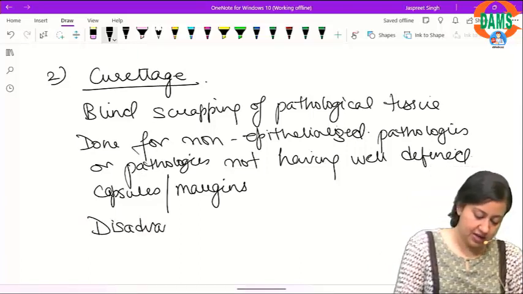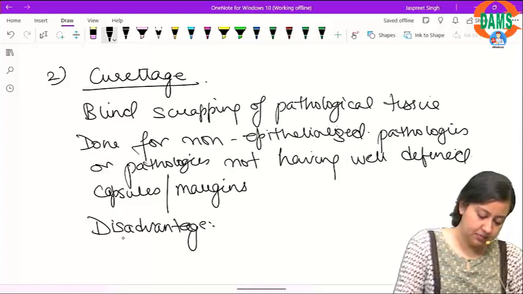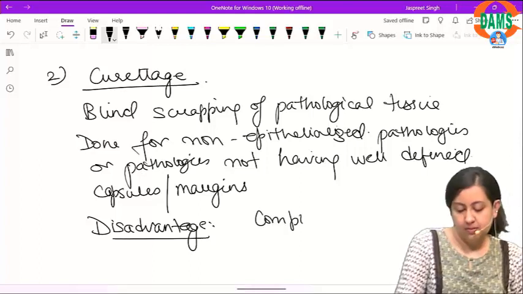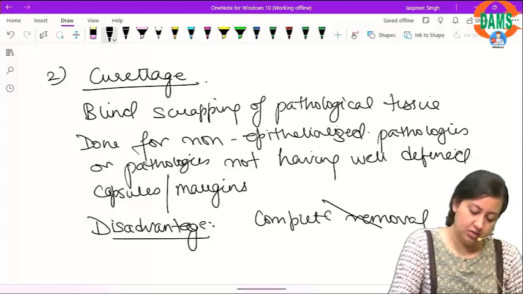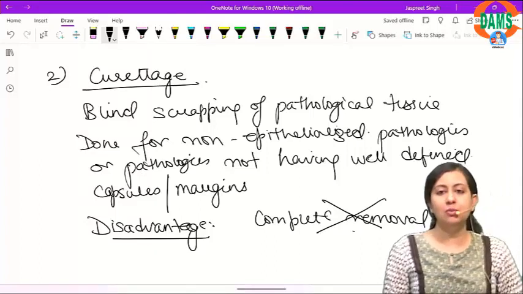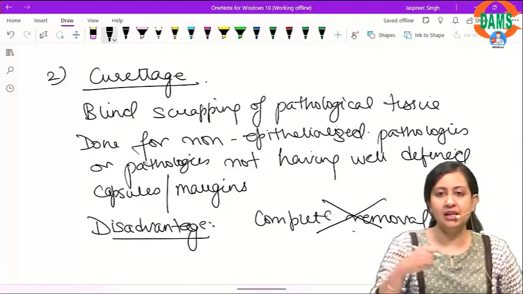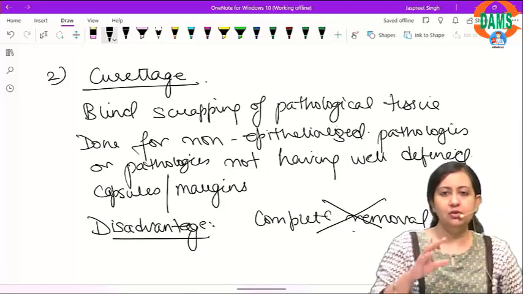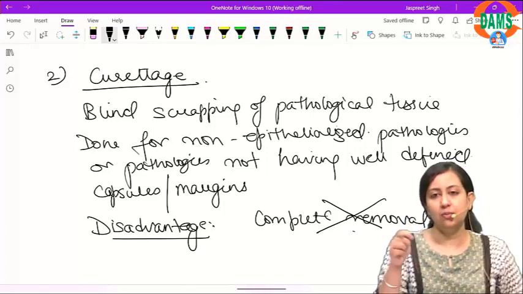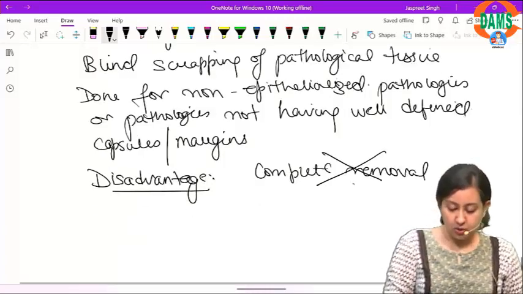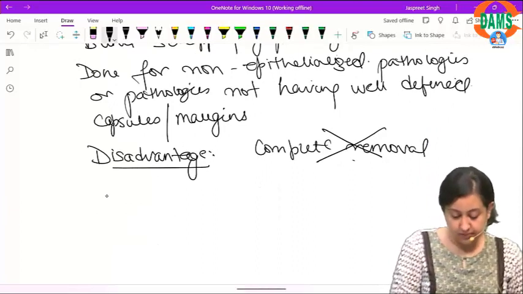So the disadvantage is complete removal is not possible. You're just blindly scraping. Alright, you're not excising the entire thing. आप पूरा एक बार में नहीं निकाल रहे हो, बार बार scrape कर रहे हो. So complete removal is not possible.